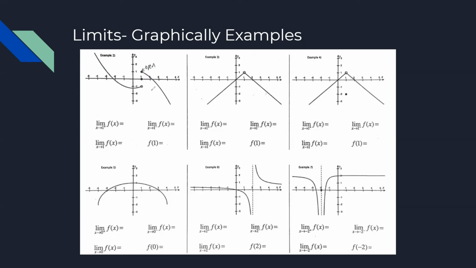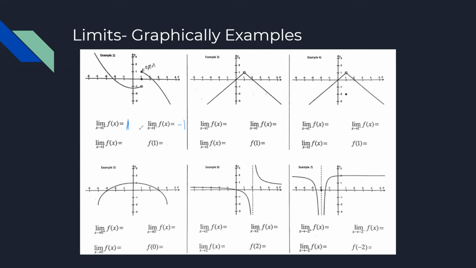So now we want to look at 1, and we want to look at the right, and it approaches 1. The limit of f of x as x approaches 1 from the left: we want to go from the left towards 1, and it gets to negative 1. And it's asking us to find the limit of f of x as x approaches 1.